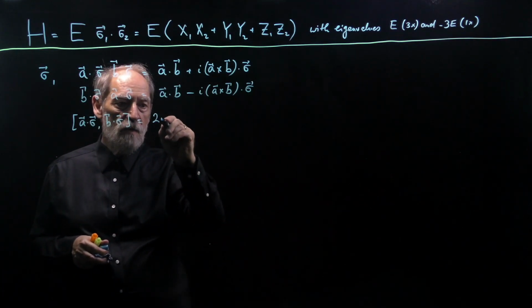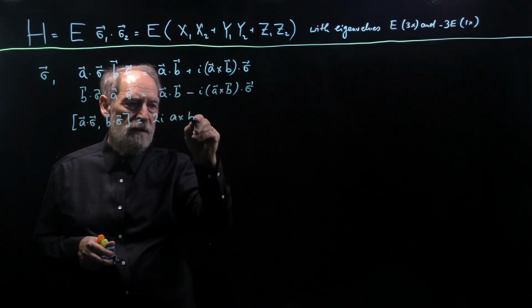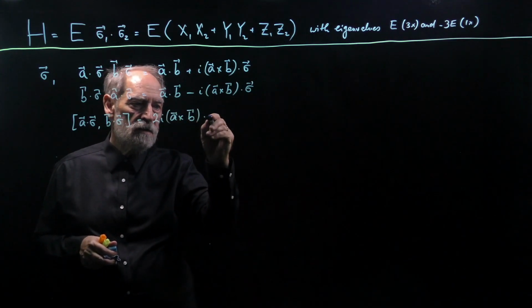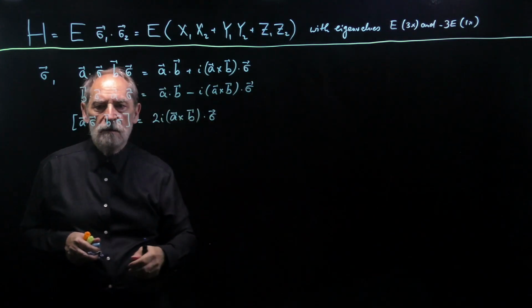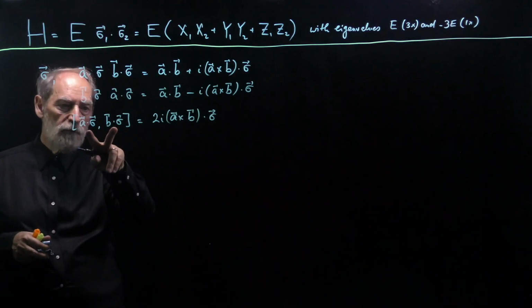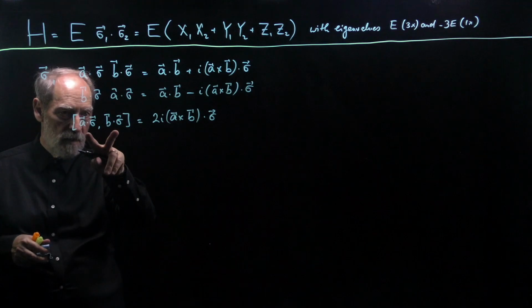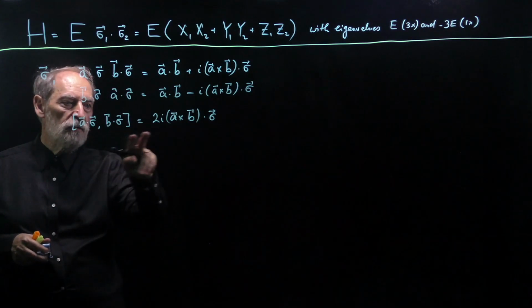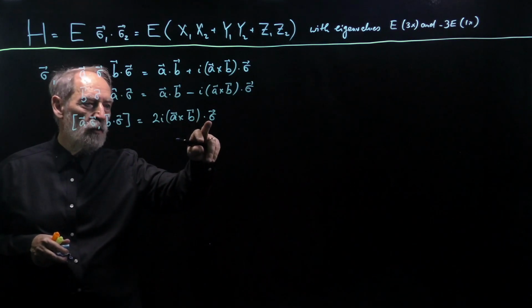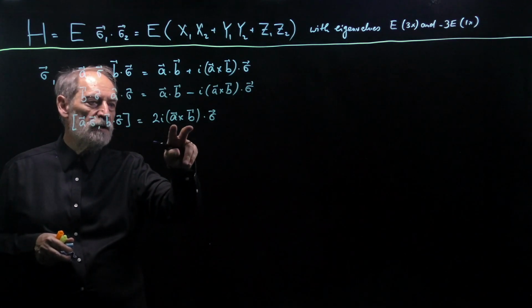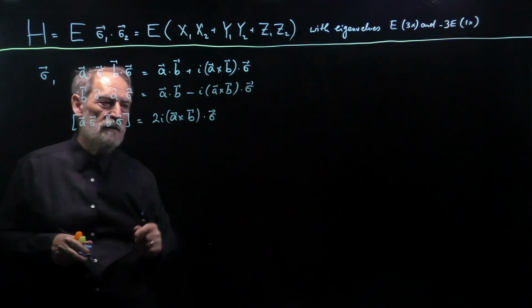So it's going to be 2i A cross B dot sigma. So the commutator of two components of the Pauli vector operator is equal to 2i times the component in the direction which is perpendicular to both A and B.